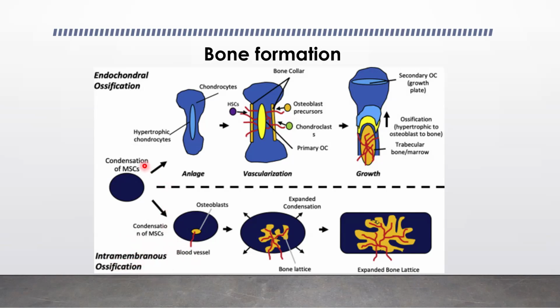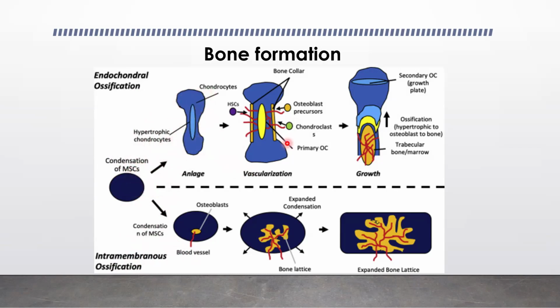So how does it happen? All of them will have osteoprogenitor cells, formed by condensation of mesenchymal cells. In endochondral ossification, we'll have hypertrophy of the chondrocytes.